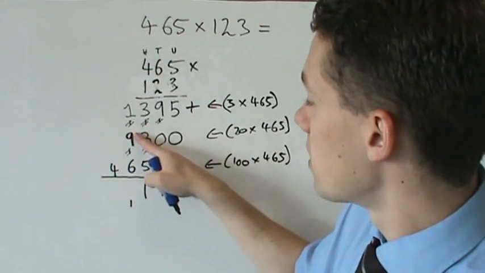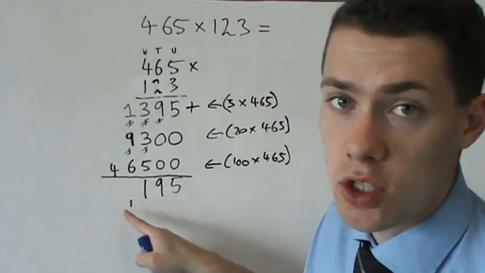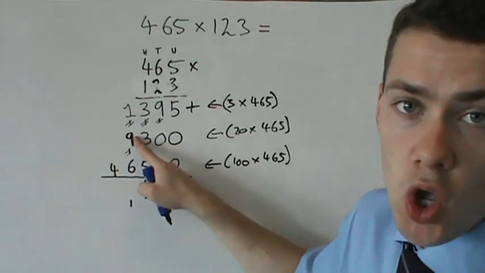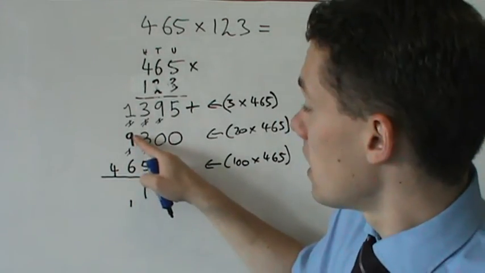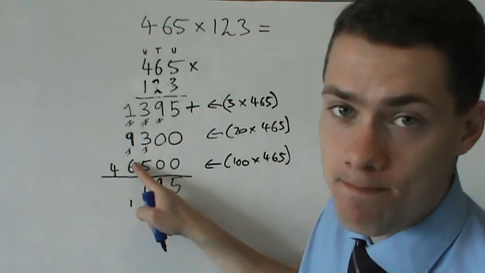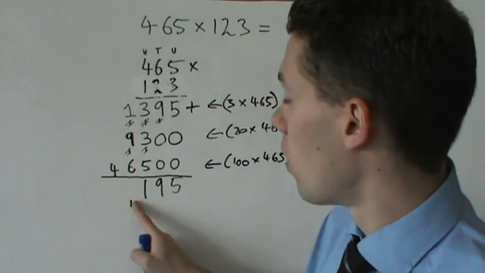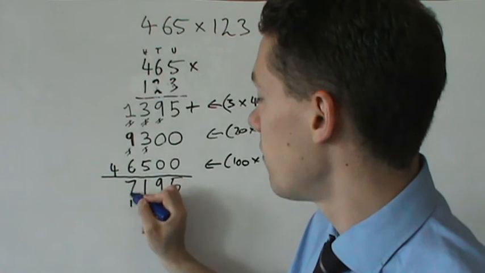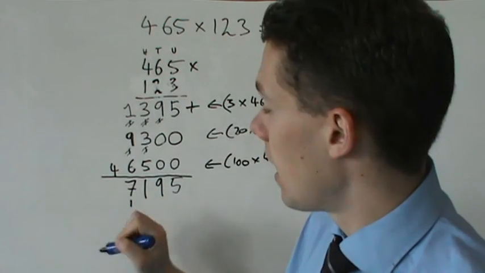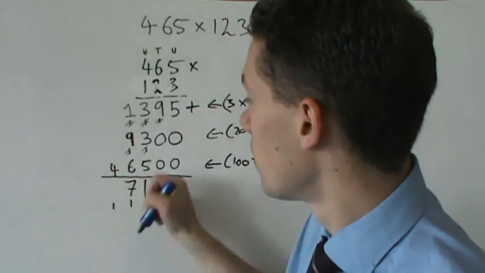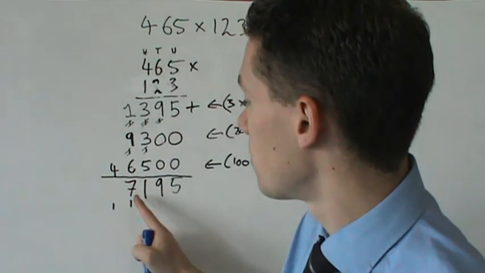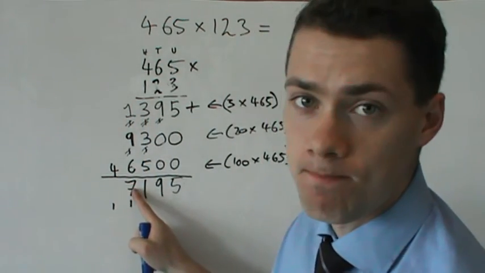Next, I've got 1 plus 9 plus 6 plus 1. So we start with 1 plus 9. 1 plus 9 is 10. 10 plus 6 is 16. And finally, 16 plus 1 is 17. So I put my 7 for my 17 here, and then my 10 for my 17 there. So 1 plus 9 plus 6 plus 1 is 17.